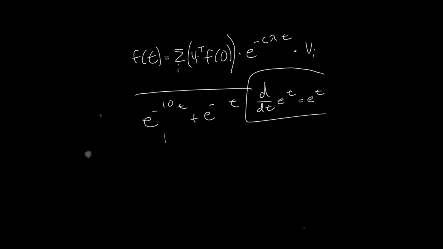But what's more, the terms with higher eigenvalues will decay faster than terms with lower eigenvalues. The eigenvalues control the rate of decay. Therefore, as we approach the end of time, only the lowest eigenvectors remain.